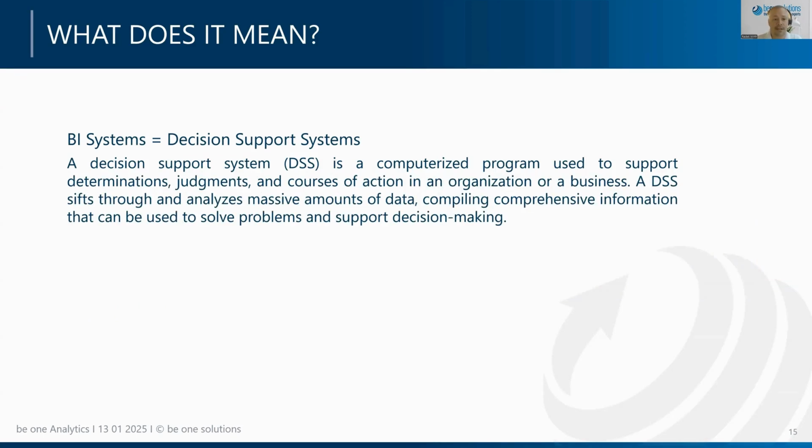So in a nutshell, a BI system is a decision support system. It should basically answer the business questions that you have. For example, if you are running a query in SAP Business One, I guess every one of you has done that so far, it should answer a question.